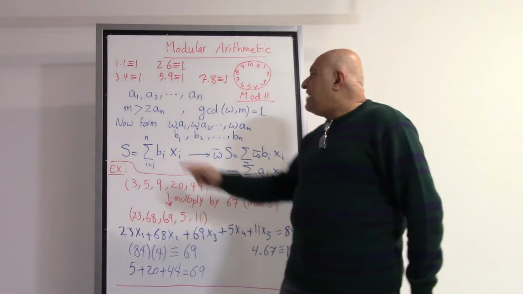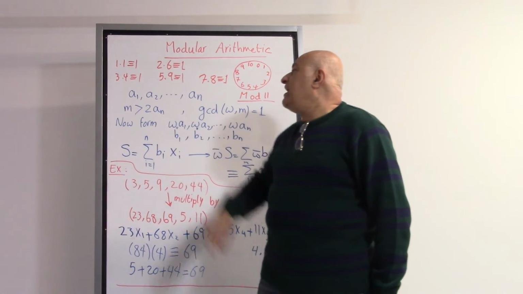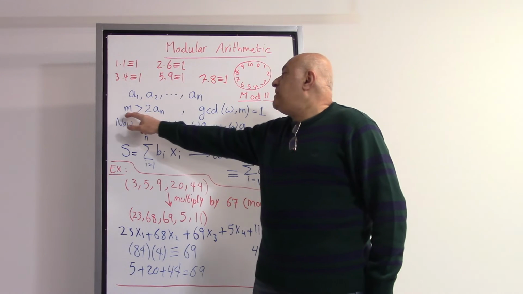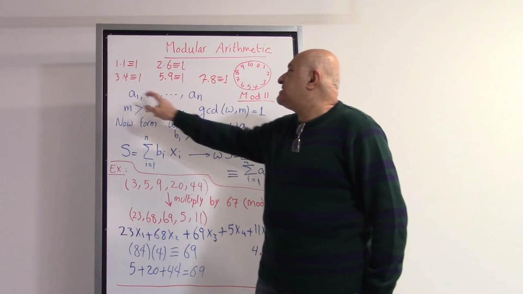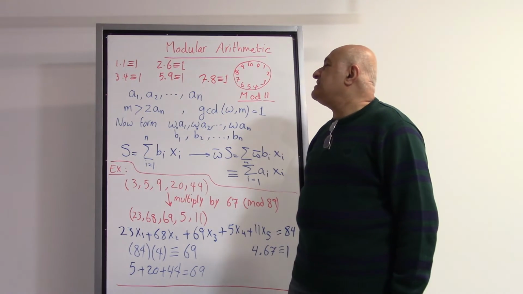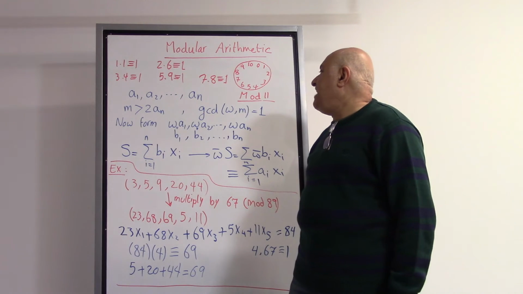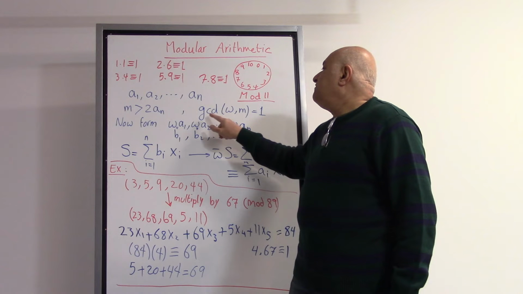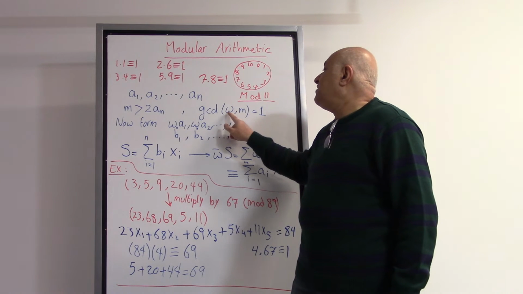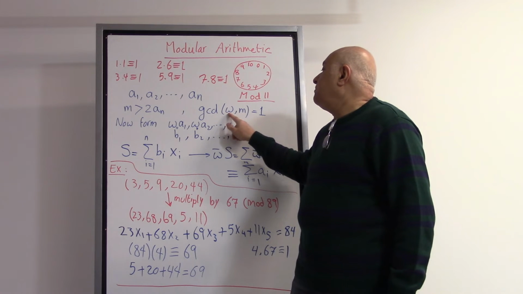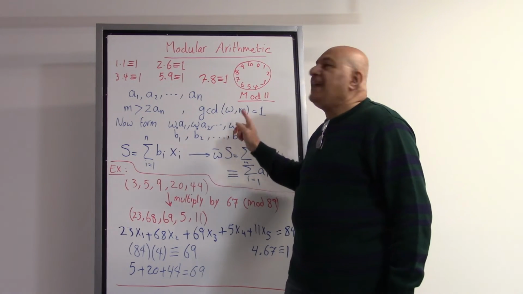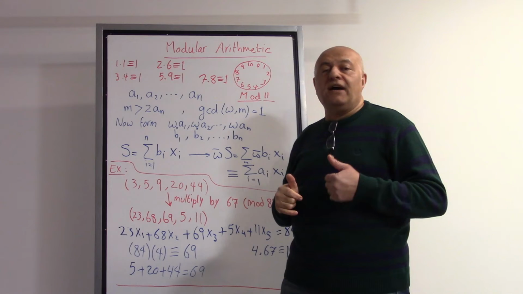So, choose a modulus M, which is bigger than 2 times the biggest of the elements of that sequence. And let's say you choose a number W whose greatest common divisor with this M is 1. That means W and M are relatively prime to each other.